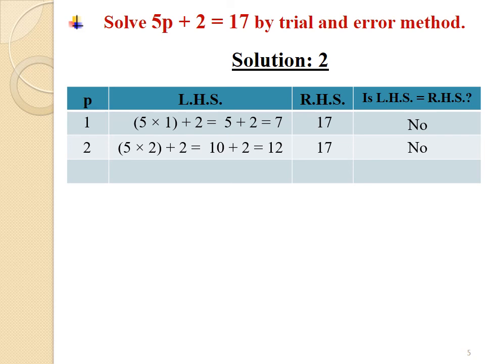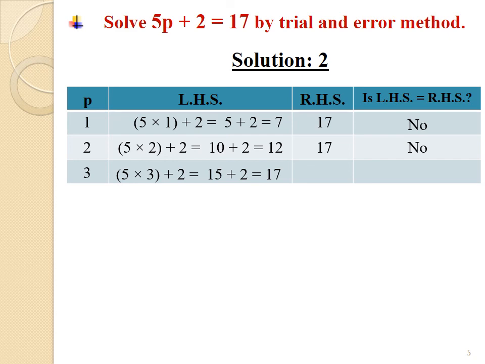Now let us take P equals 3. Now let us write 3 in place of P and multiply 3 by 5. Then add 2 to the product of 5 and 3. Thus multiplying 5 by 3 and adding 2 to the product, we get 15 plus 2 equals 17.